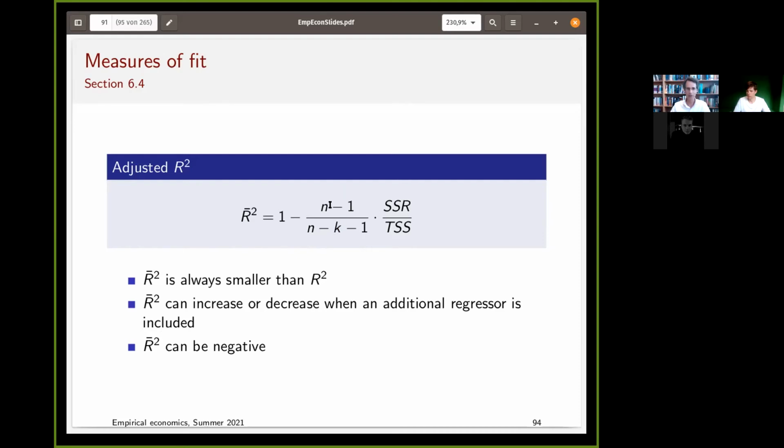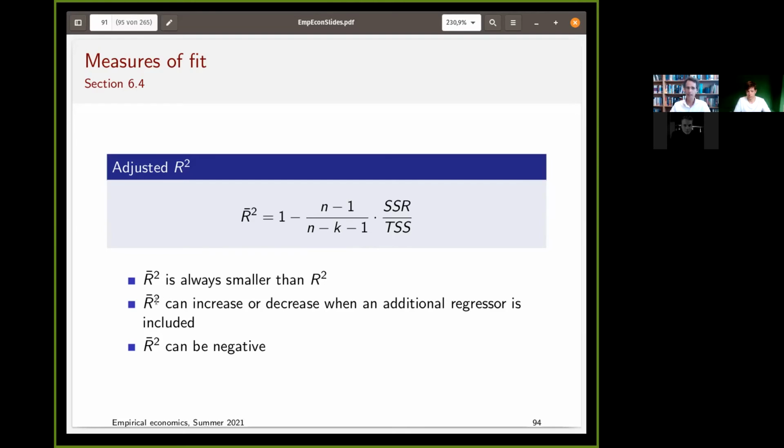It's always larger than 1. So this fraction is larger than 1, and therefore we subtract more from 1 than before. And that's the reason why the adjusted R squared is always smaller than the unadjusted R squared. Usually not much, because n tends to be large and k tends to be small. And in that case, these two terms are almost the same, but in both cases, this fraction here is slightly larger than 1.